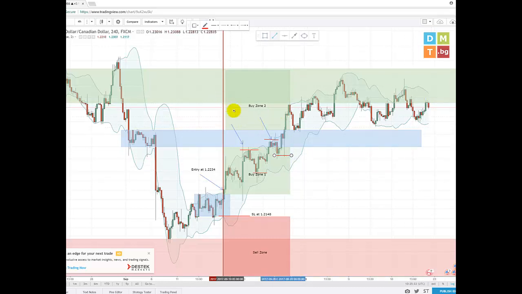After the price broke out of this resistance area, it went further up before making a correction, reaching back to that area.